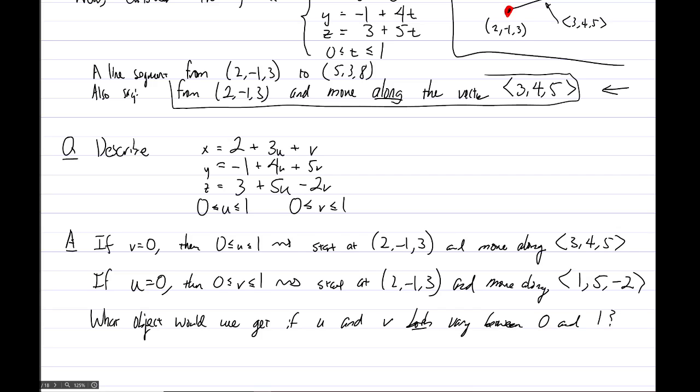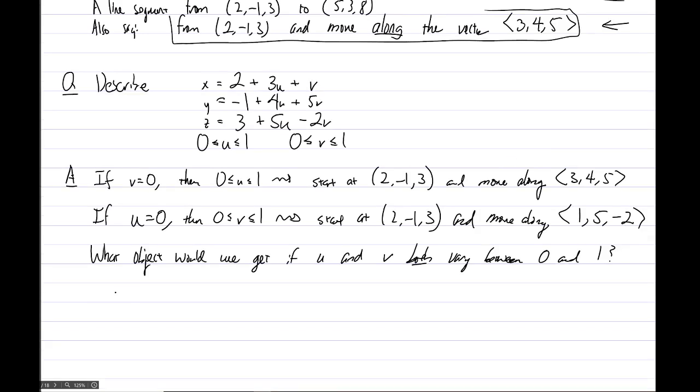So you've got to really think about how, starting at this point, changing the value of u means how much of this you add, what proportion of that vector you add, and then changing the value of v is starting here, and then what proportion of this you add. So it's all about how much you move in this direction, and how much you move in this direction, and they're completely independent because u and v can both be 1, right? Or u and v can both be a half. Okay? So the object we're actually going to get is a parallelogram.